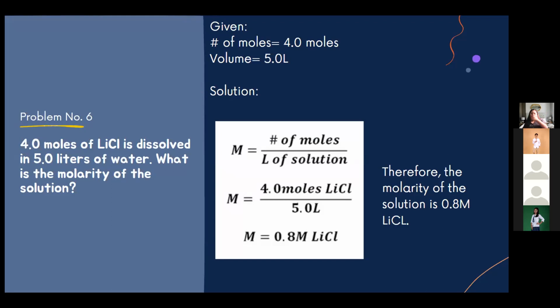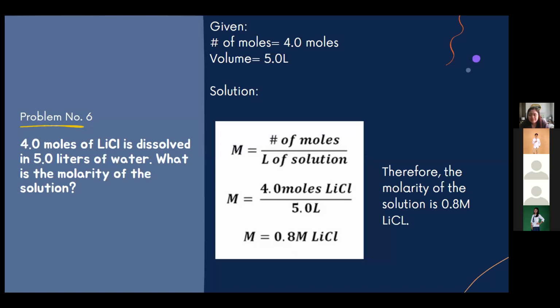So by using again the formula for molarity, which is the number of moles over solution, we're just going to substitute the given here, which will give us the equation of 4 moles of lithium chloride over 5 liters of the solution, which will give us the result of 0.8 molar lithium chloride. Therefore, the molarity of the solution is 0.8 molar lithium chloride.